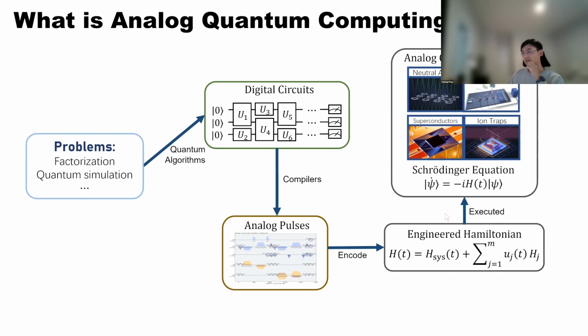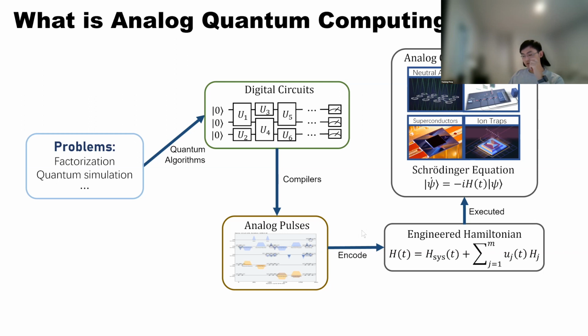Into basically this still very simplified paradigm, where you compile quantum circuits into analog pulses, which are stored in some classical form. These pulses basically encode a very carefully engineered Hamiltonian, which is basically several system terms and several controlling terms, where our pulses interact with the system. And we say that analog quantum devices evolve under the description of this Hamiltonian.